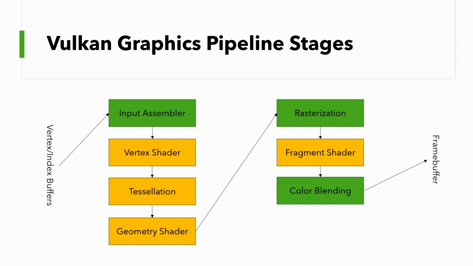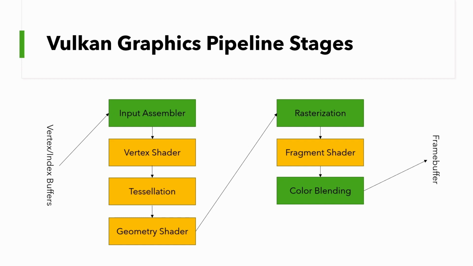So this color blending stage is the stage that handles that. If we don't have any transparency, obviously this is a pretty straightforward step. It just basically outputs the same data. But I don't know of any game engine out there that doesn't have some sort of transparency. So this will definitely be something that we will need to look into.